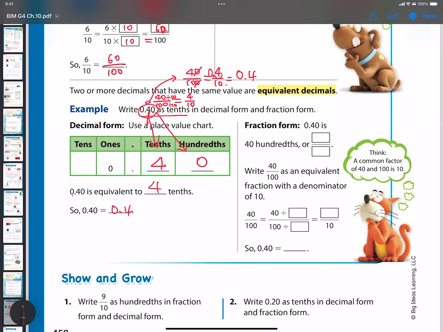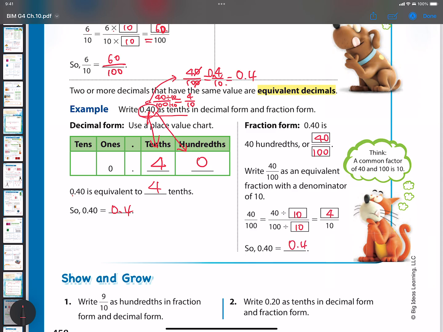Fraction form: 0.40 is 40 hundredths, or 40 over 100. Write it as an equivalent fraction with a denominator of 10, which means we are simply dividing by 10. 40 divided by 10 is 4, and 100 divided by 10 is 10. So 0.40 becomes 0.4.